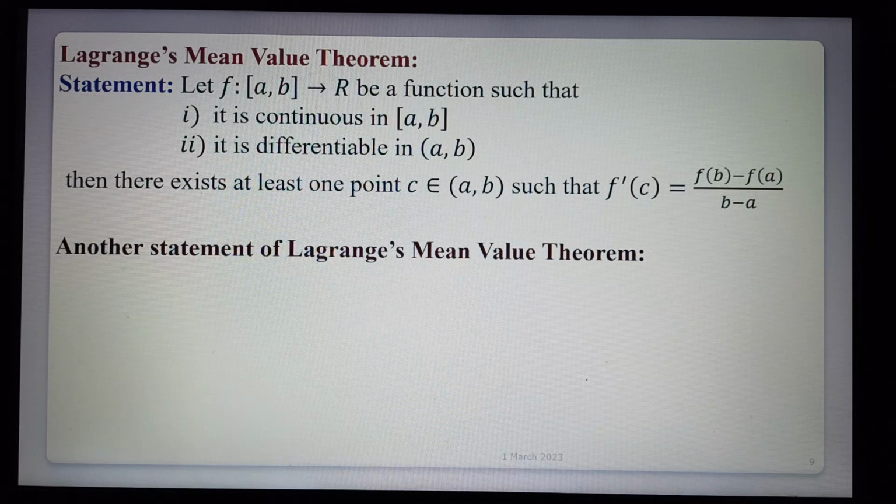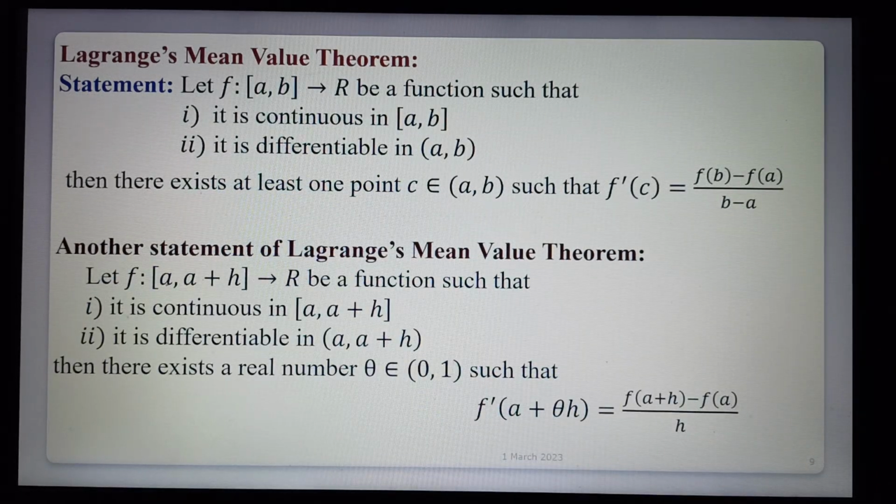So this is another statement. Let f from the closed interval [a, a plus h] to R. In the above statement, b is replaced by a plus h, and a plus h is a nearby point of a. The function is continuous in the closed interval [a, a plus h] and differentiable in the open interval (a, a plus h).